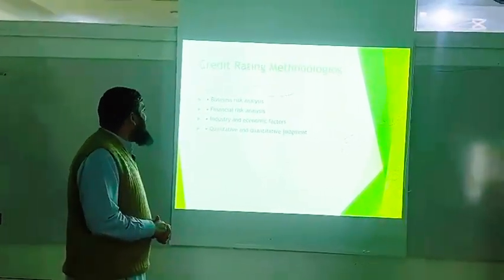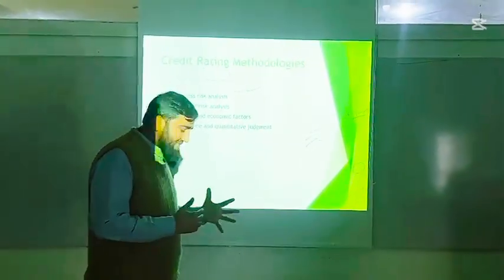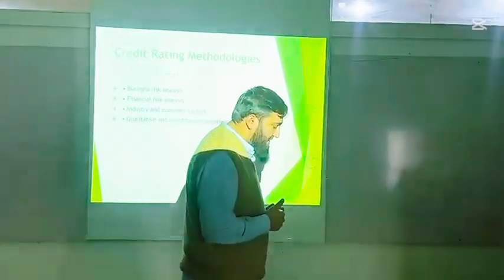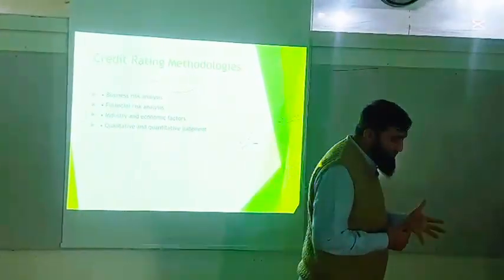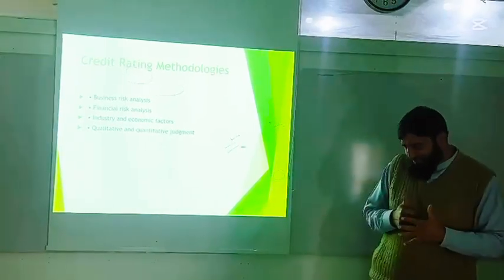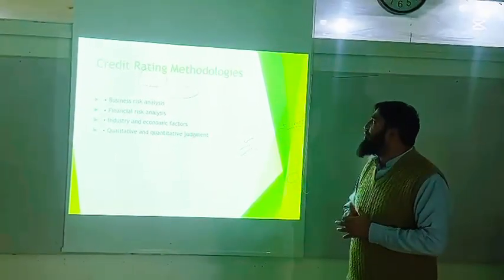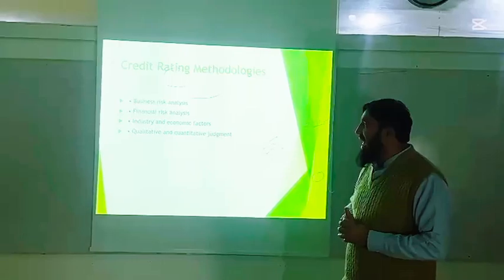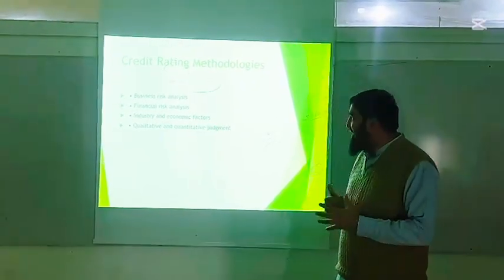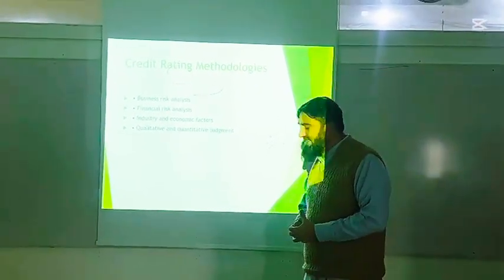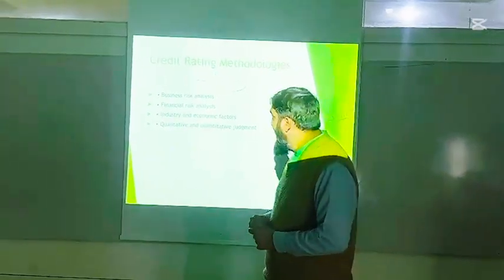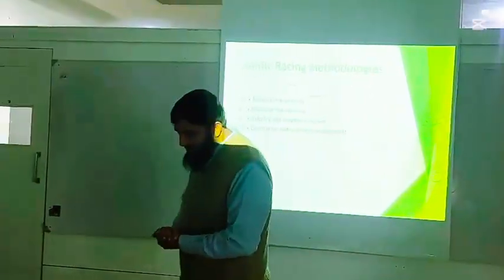This is credit rating methodology. Now we are discussing different types of methodologies, how we can use them, and what parameters and framework we can use to analyze this kind of qualitative credit risk. The first one, business risk analysis, is the first method we can use. The second one, financial risk management.